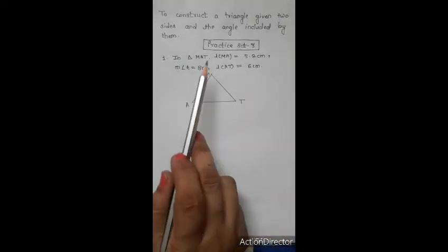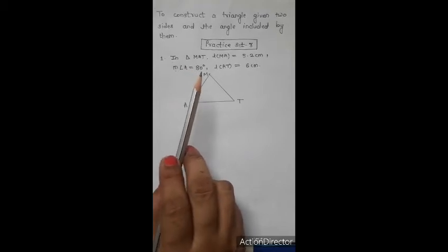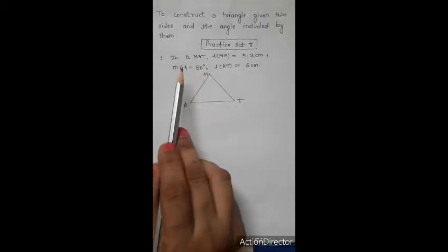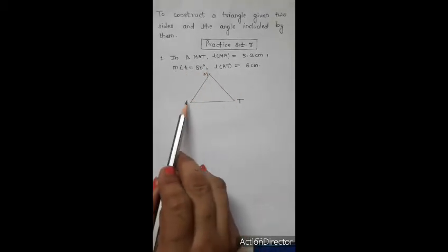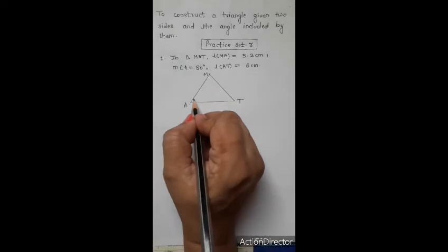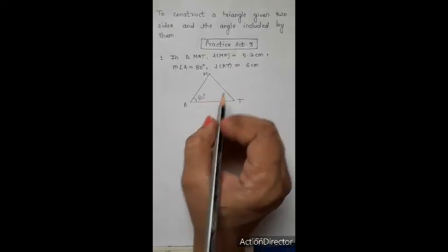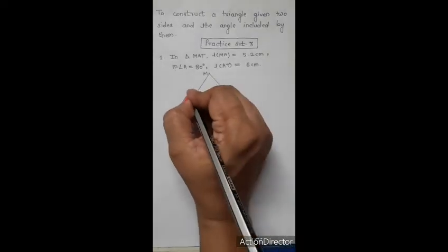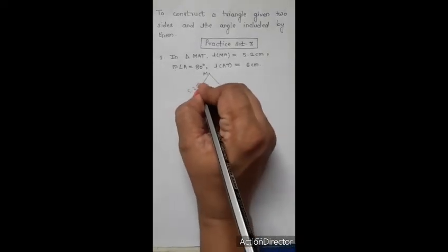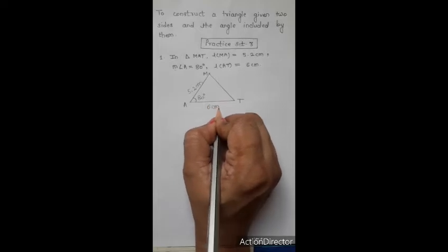Now, in this question, they have given angle A. Normally, you try to see that the angle which is given, that letter should come at the base. So, I have taken here A. So, angle A is 80 degrees. MA is 5.2 centimeters and AT is equal to 6 centimeters.